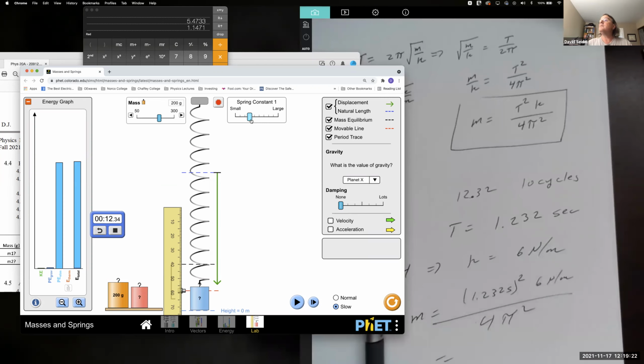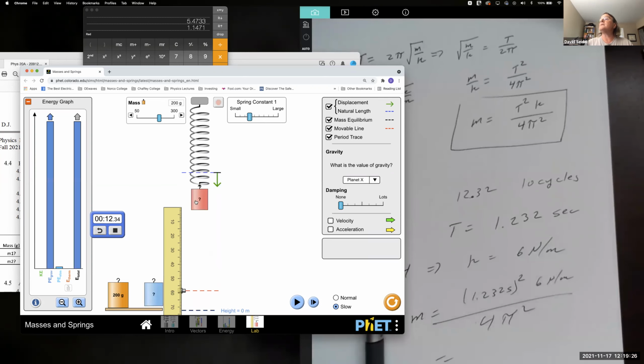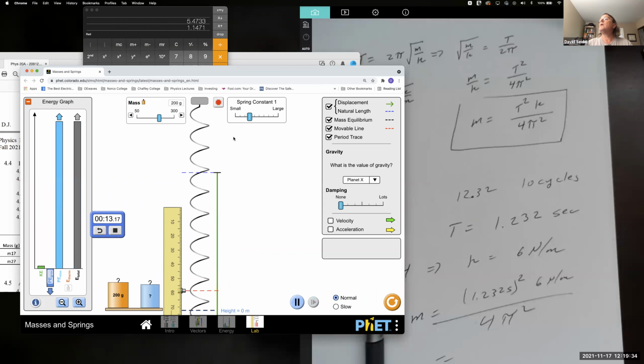Same thing for mass 2. Mass 2 hangs down even further in its equilibrium position.